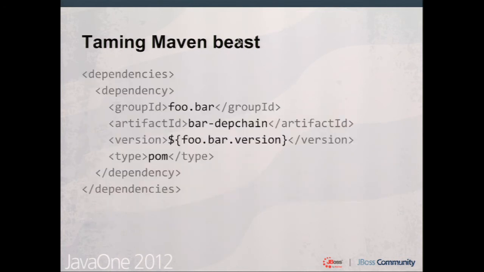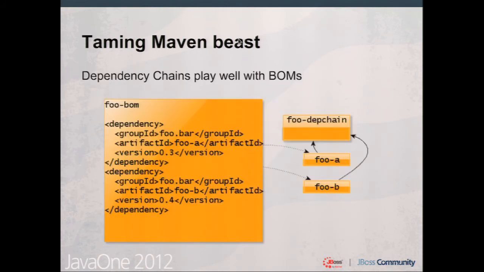This is how you actually use a dependency chain. It's very similar to using a BOM file. Instead, it's not in the dependency management section, it's directly in dependencies. And the other point here is that the dependency management mentioned in the BOM file works very well with dependency chains.